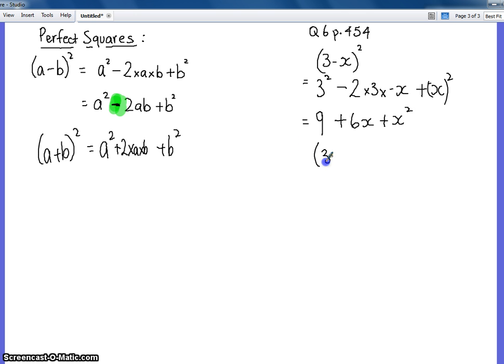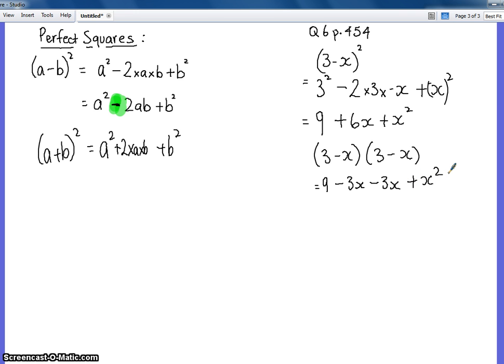If we went to here, let's see if we've got it right. This is a good way of checking, isn't it? Use FOIL. Do you use FOIL or the arrows? FOIL. First, outers, inners, last.